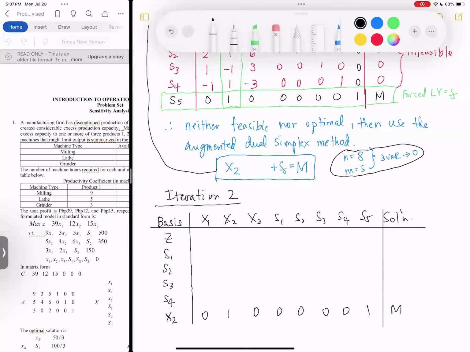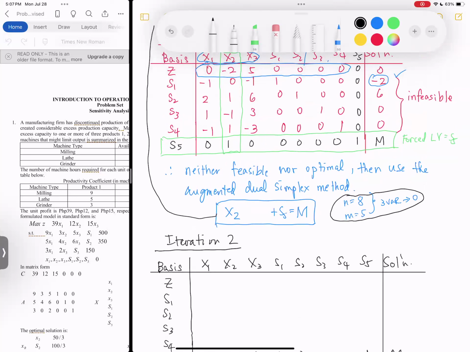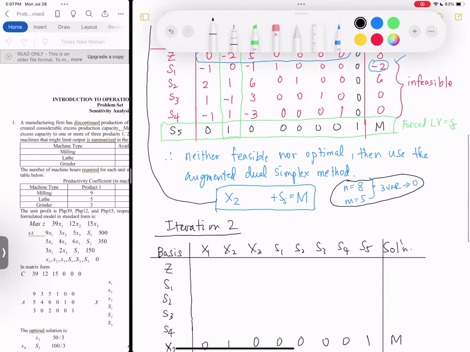Okay, so your task now is to convert all of these elements above and below, since there's nothing below, above only, to 0. Okay, and then the whole system of inequalities or equations will now be transformed. Okay, so I'll take care of this, class. I'll take care of the S1 row. It's 0 already, so I'll take care of that.